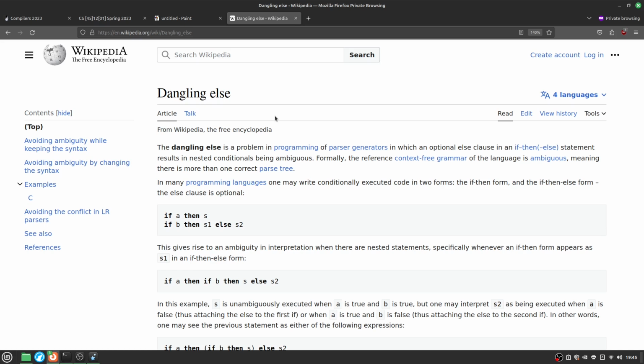In many programming languages, one may write conditionally executed code in two forms: the if-then form and the if-then-else form. The else clause is optional. If A then S. If B then S1 else S2. This gives rise to an ambiguity in interpretation when there are nested statements, especially whenever an if-then form appears as S1.